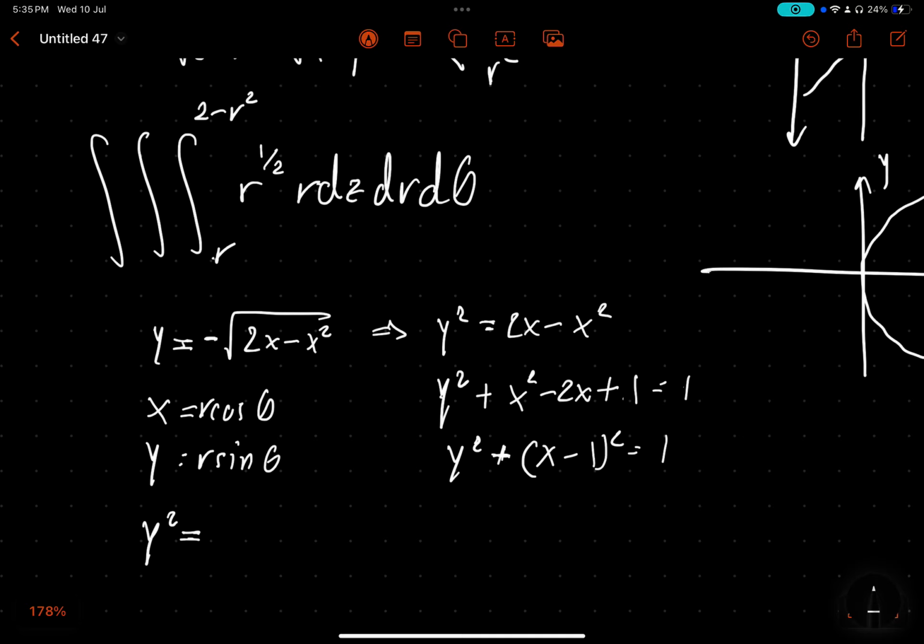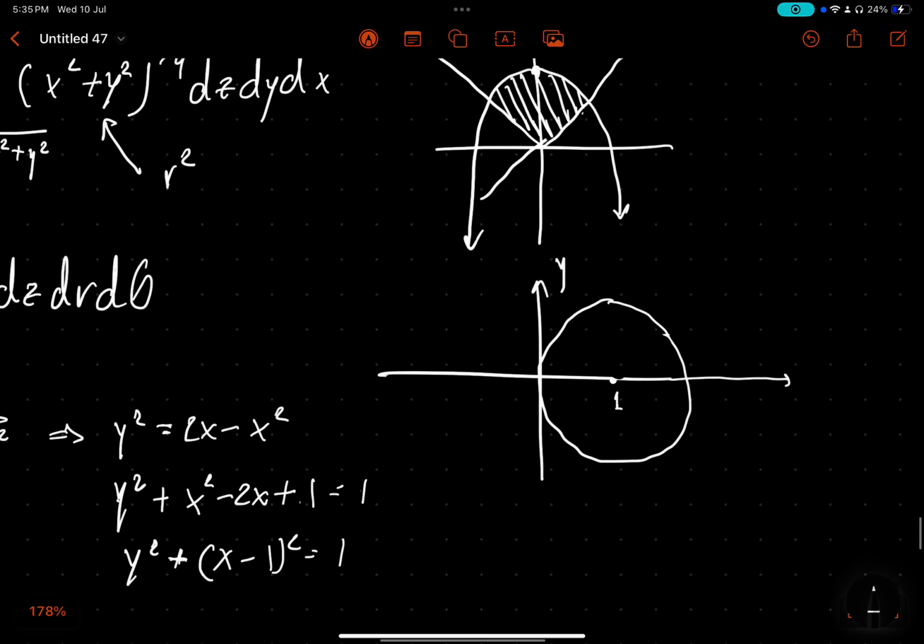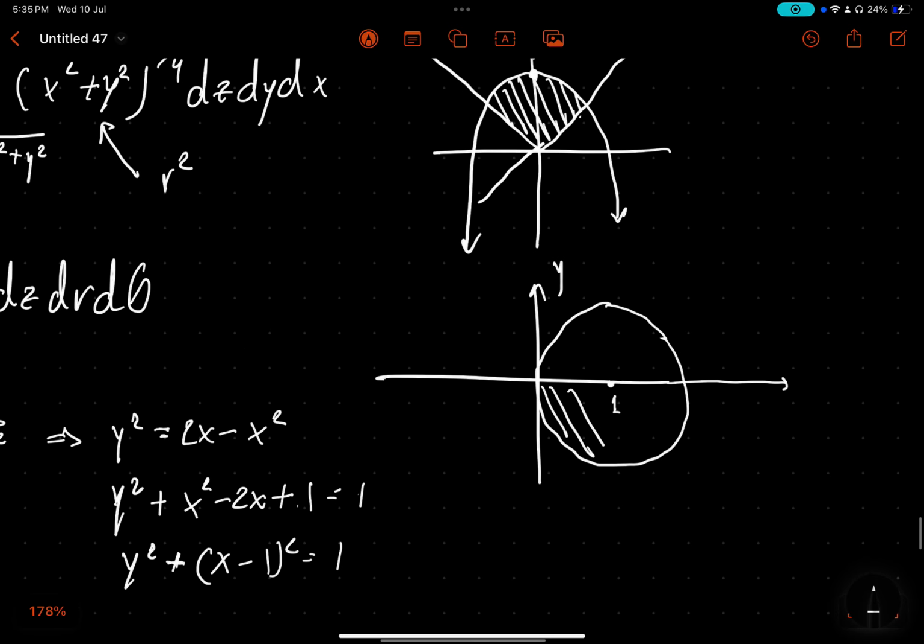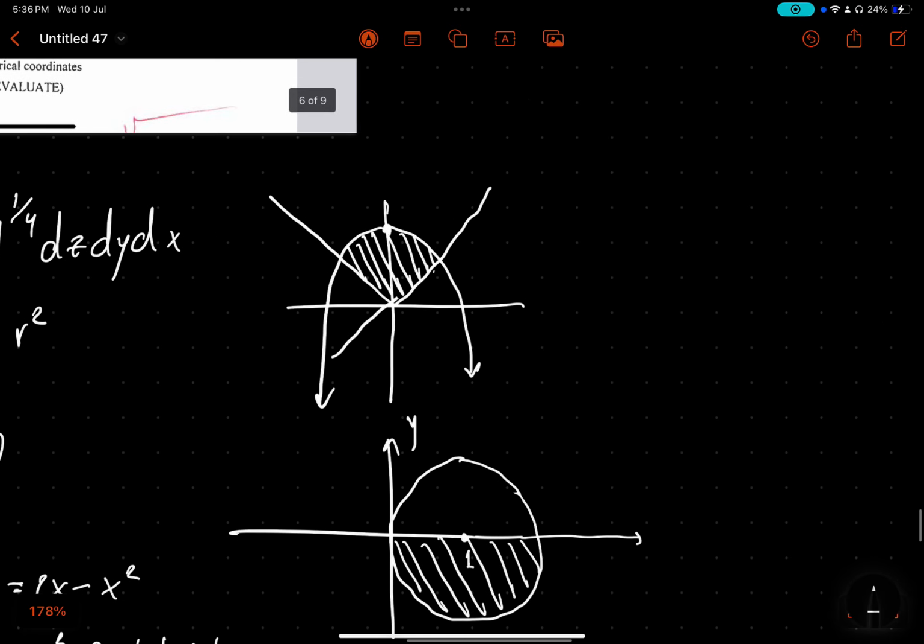When we take the square root, it's taking the negative part, so when y is negative, we take this area. So this is basically like an ice cream cone shape, but it's cut in half, and we're taking this volume only.